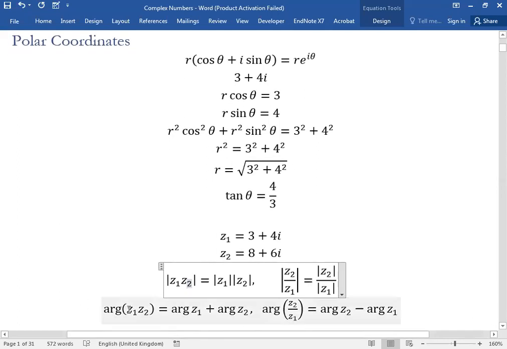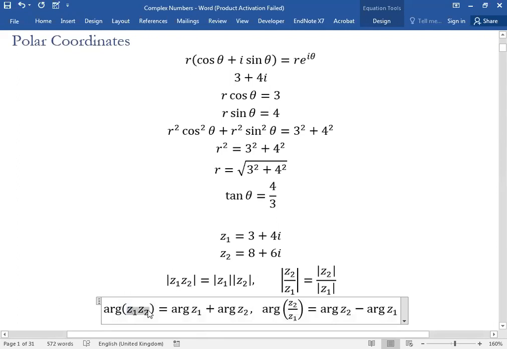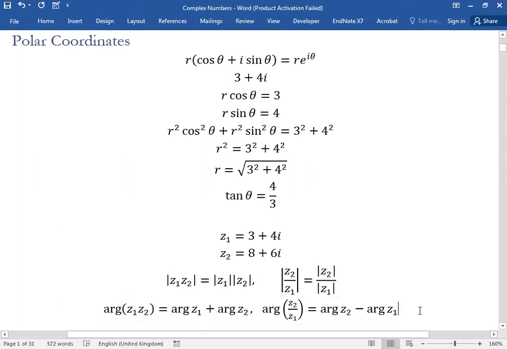Similarly, the argument of the product is equal to the sum of the arguments, and the argument of the quotient is equal to the difference of the arguments. Again, these are very frequently used relationships. Hence, we write them down because we'll be using them quite frequently.